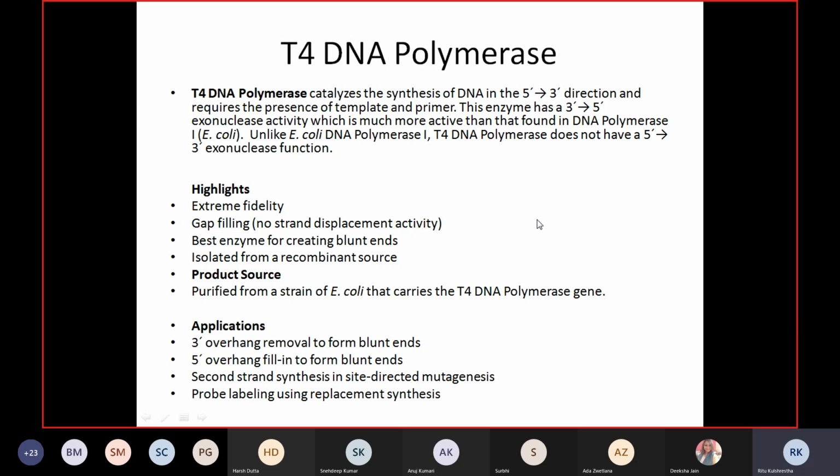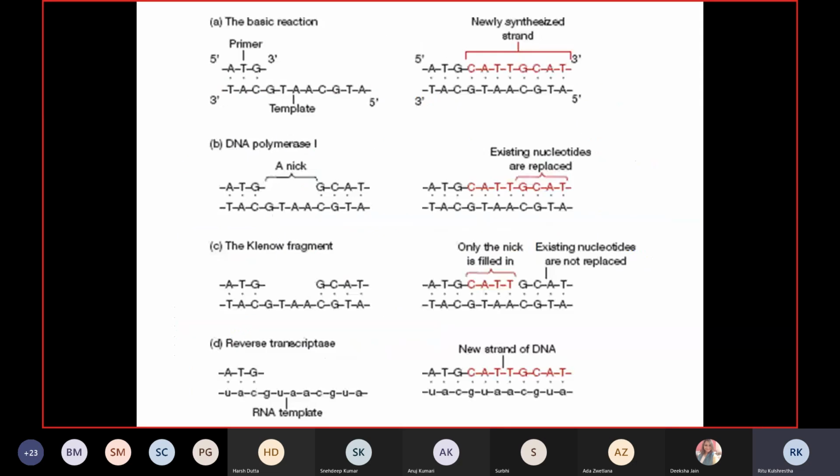Generally, to remove the 3' overhang, T4 DNA polymerase will be preferred as compared to E. coli DNA polymerase. If you want to fill in this gap, then T4 DNA polymerase works very well.